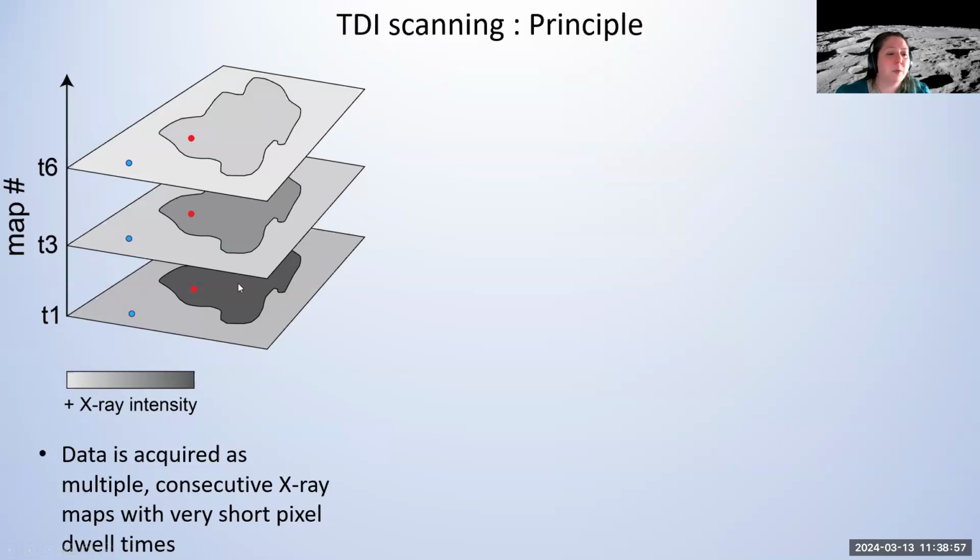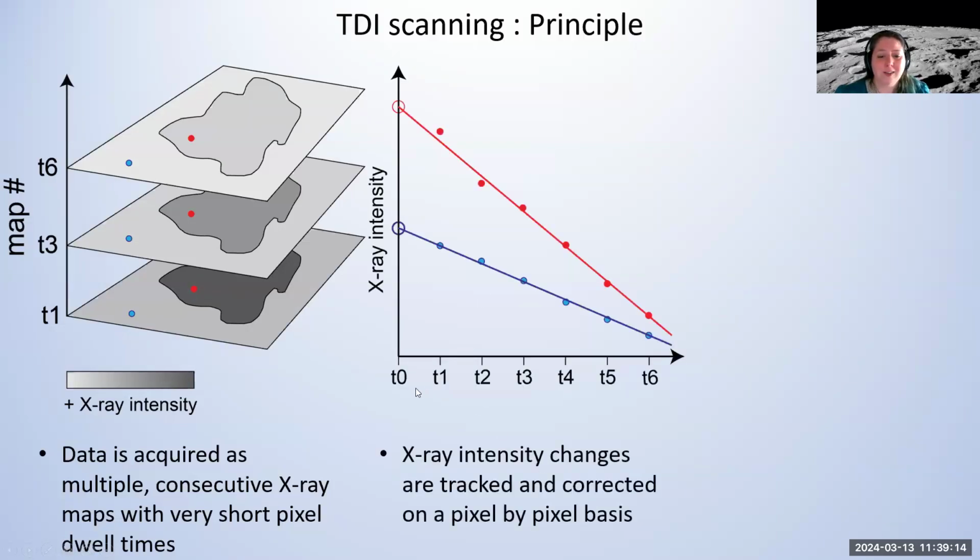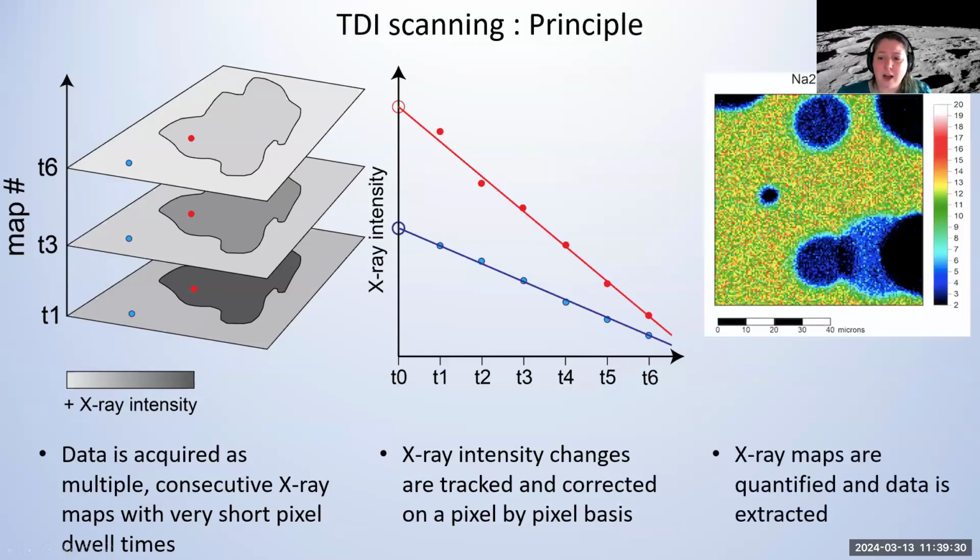Here's an example where you have a phase of one composition surrounded by something else. When we track two pixels, one in the outside phase and one in the mineral of interest, against time instead of intervals, our timeline is now different maps. For each pixel, we can plot the individual pixel intensities against time.